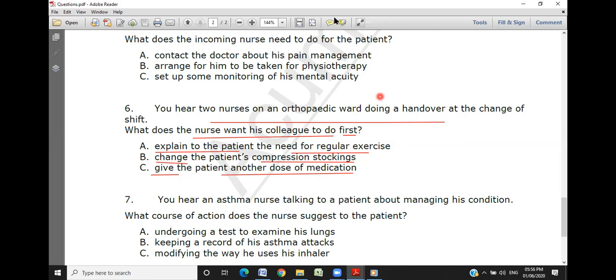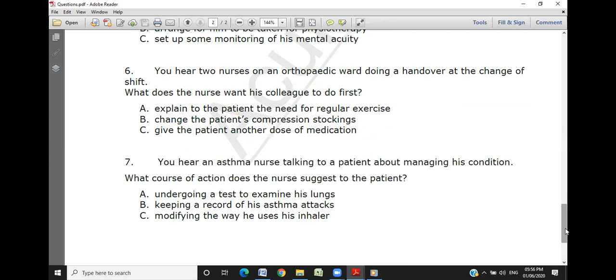And finally, the last question now. It's an asthma nurse talking to a patient about managing their condition. What course of action does the nurse suggest to the patient?